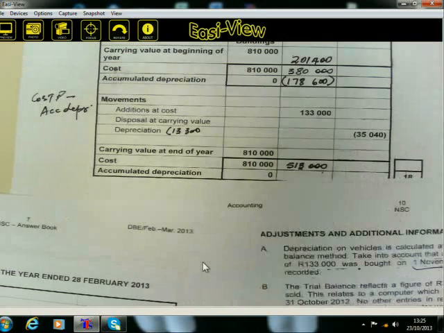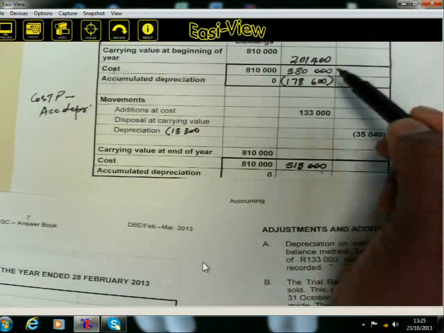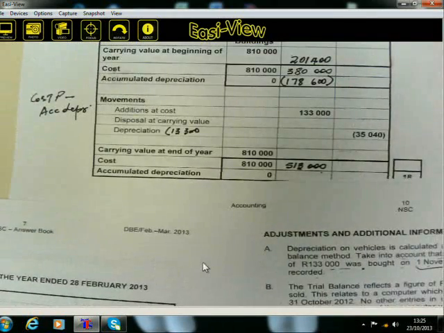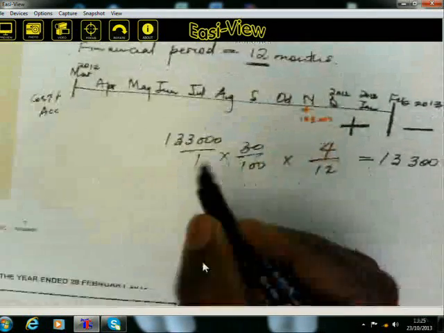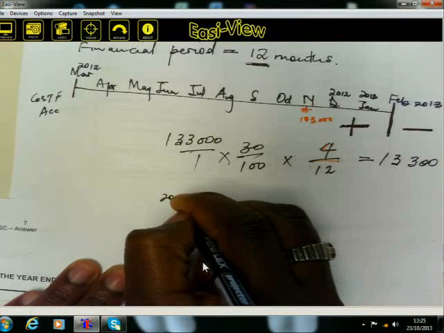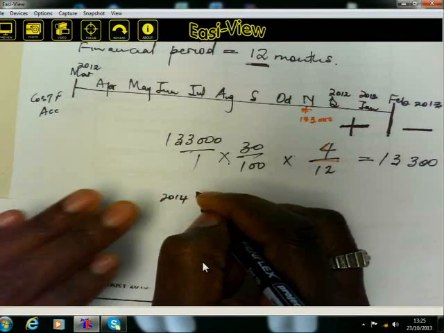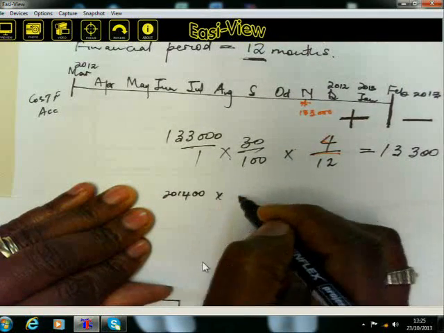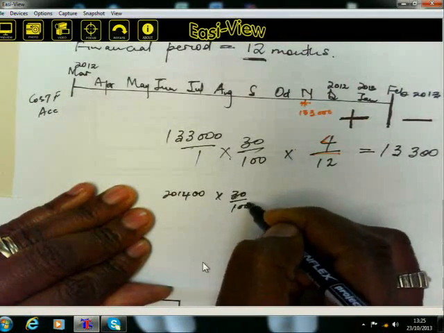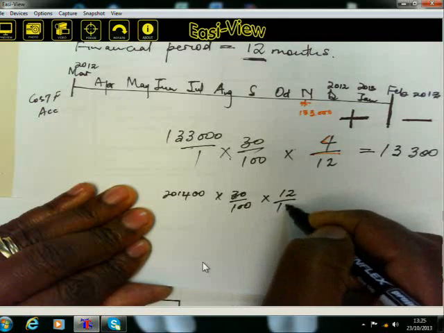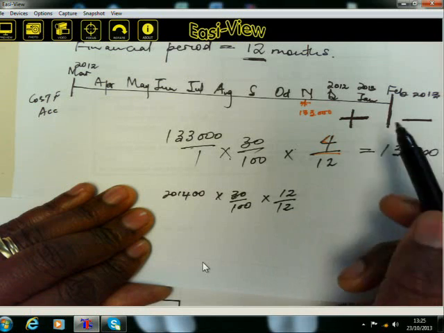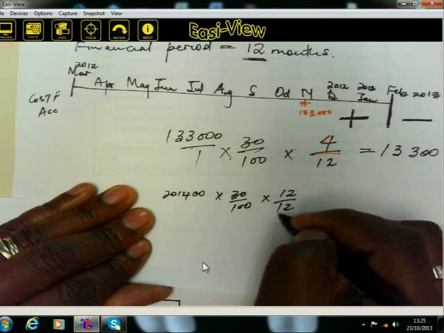And what we need to be aware of is that this vehicle has been used for the whole year. So as we are doing the calculation, the diminishing balance is 201,400. We multiply that by 30%, and we use that for the whole 12 months in a year, which is the same as 1.